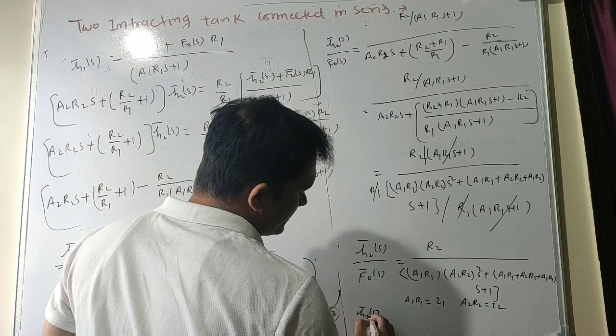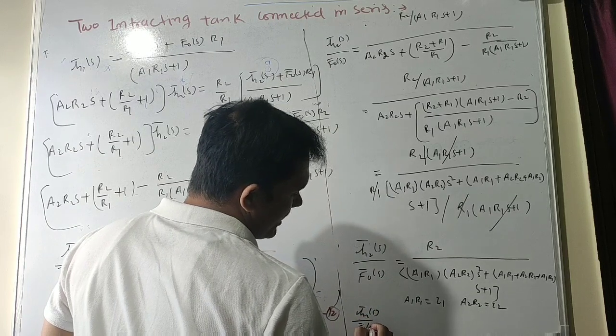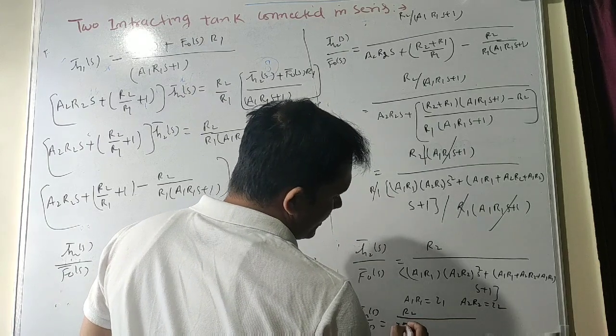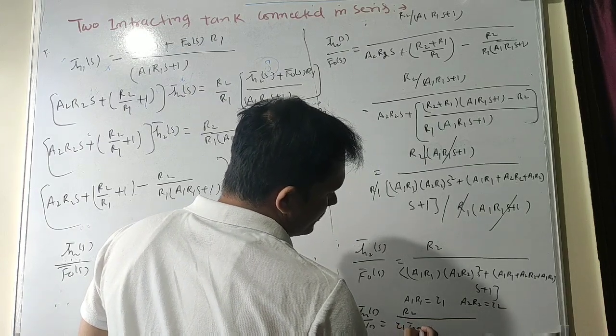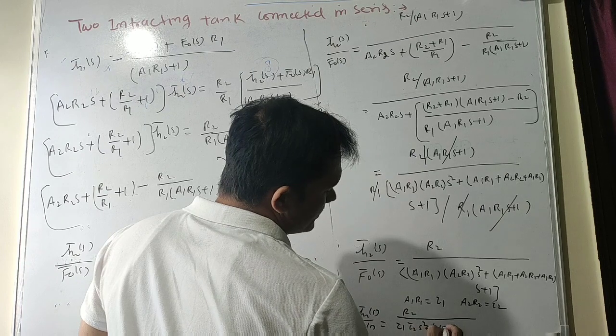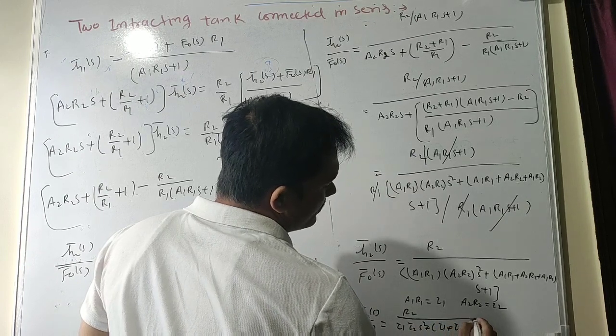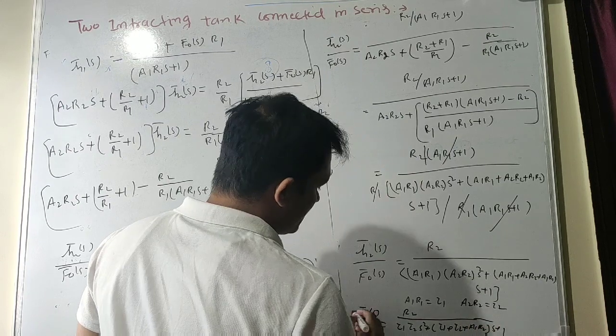So H2 bar S divided by F naught bar S will be r2 upon tau 1 into tau 2 s square plus tau 1 plus tau 2 plus a1 r2 s plus 1.